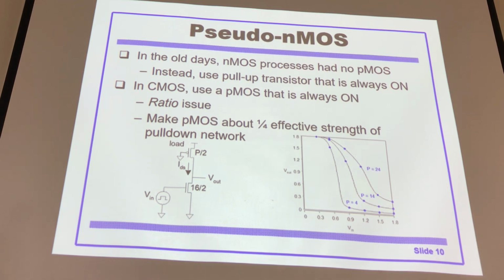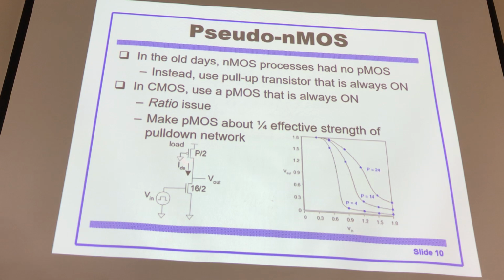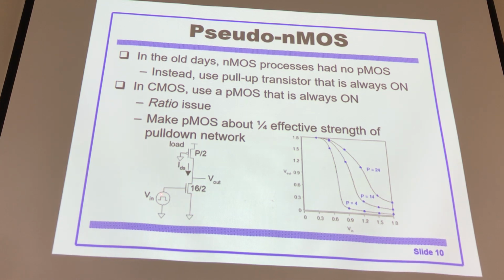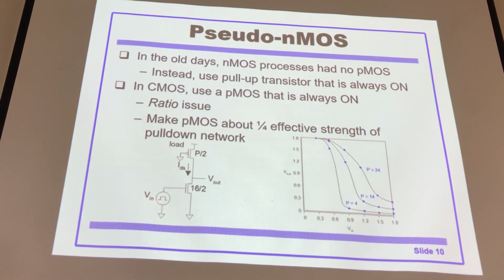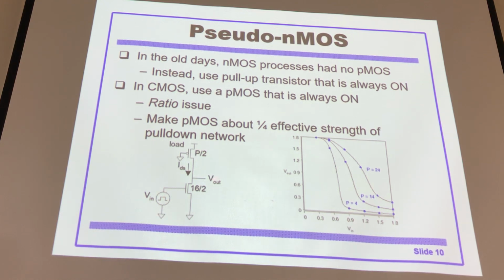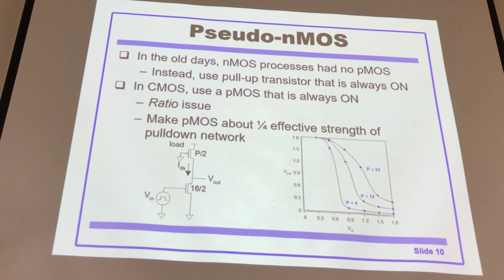What do I mean? Look at this circuit here. There's a PMOS transistor here, an NMOS transistor here, and the input goes from low to high, from high to low. Vout is the output signal. This is an inverter circuit with an NMOS transistor, and this PMOS transistor is actually always on.